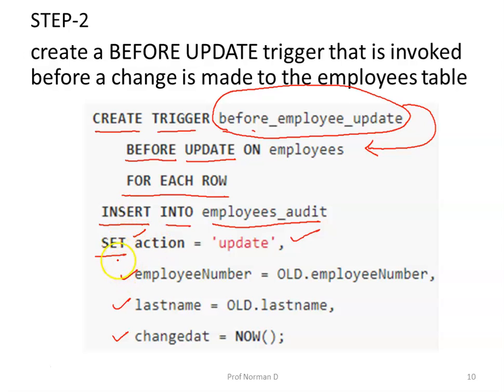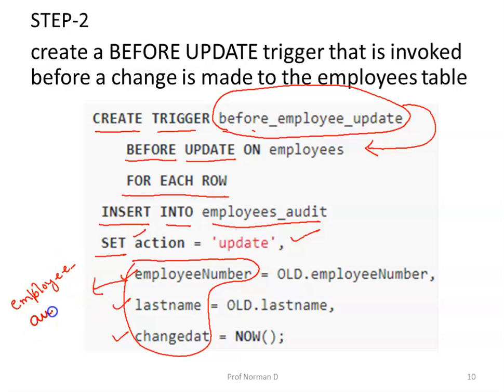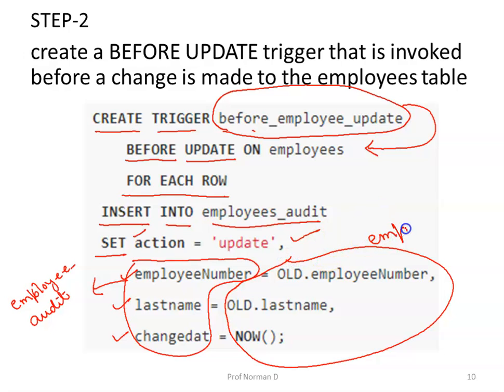Now here, employee number, last name, and change date refer to the attributes of the employee audit table. These attributes are from your employee audit table, whereas these attributes are from your employees relation.